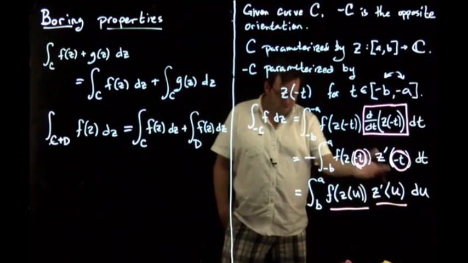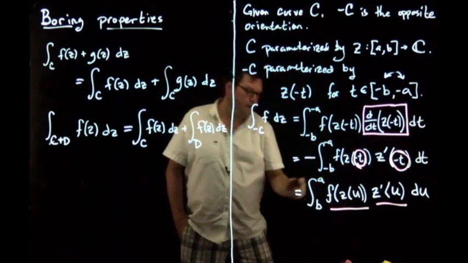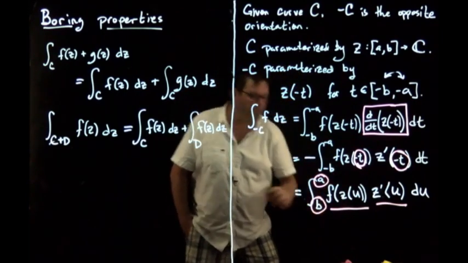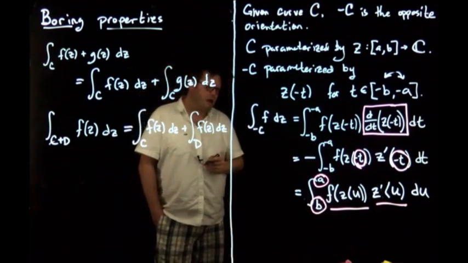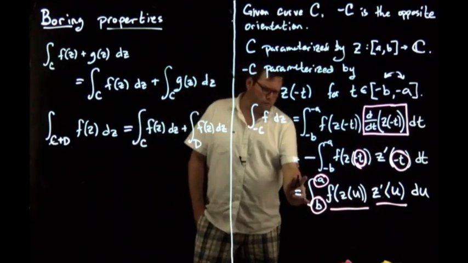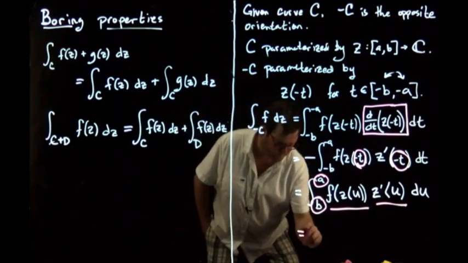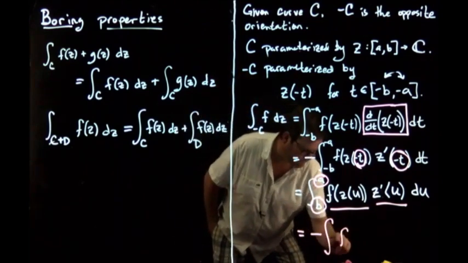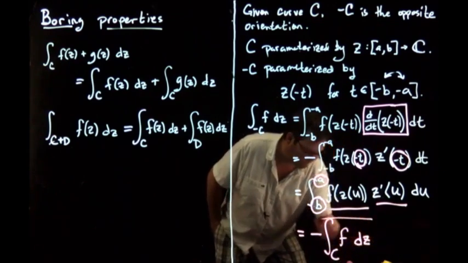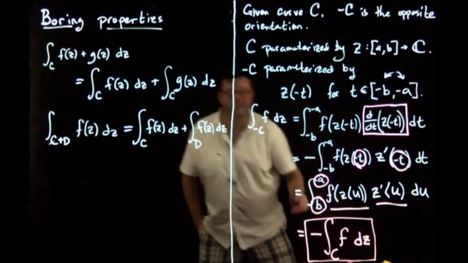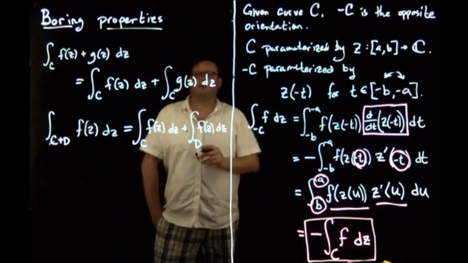So this is all the integrand from the contour integral of f over C, but the bounds are flipped. Instead of going from a to b, we go from b to a. Well, we know from calculus that flipping those bounds just introduces a negative sign. So indeed, we get the negative of the integral of f along C.